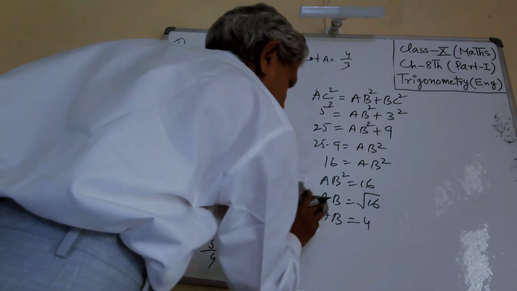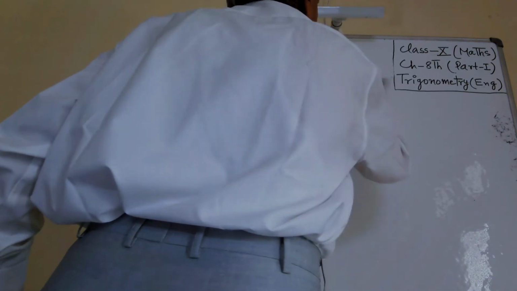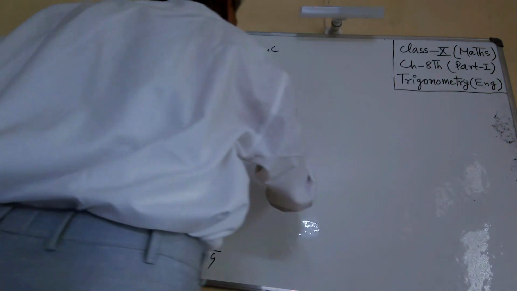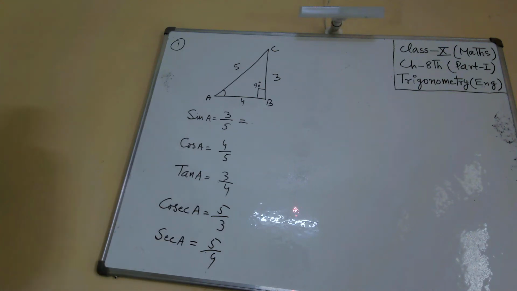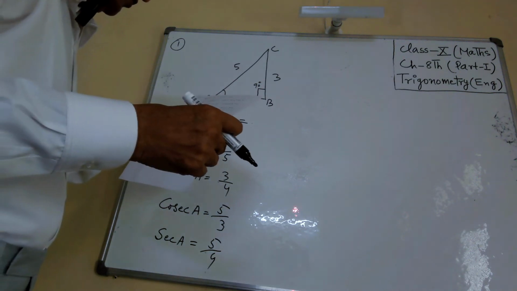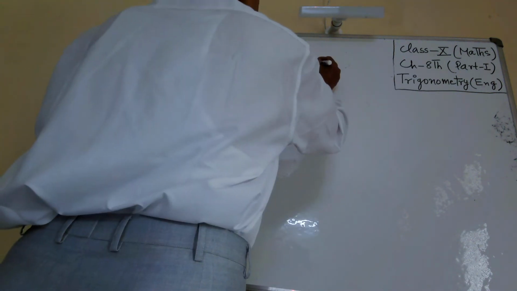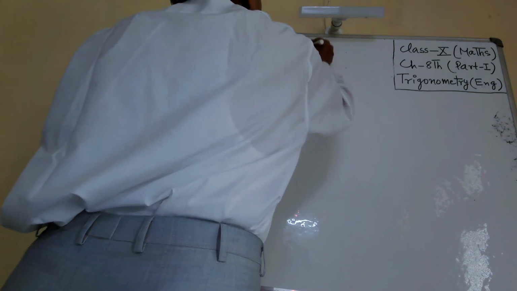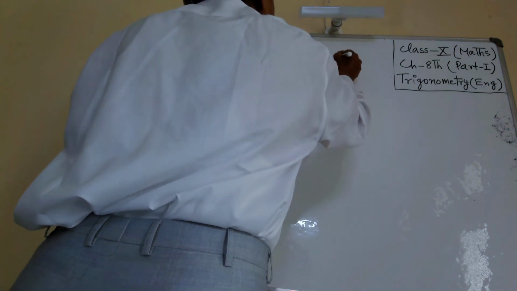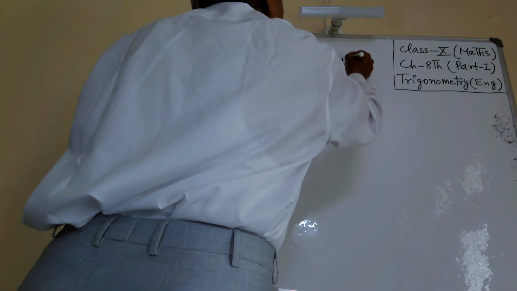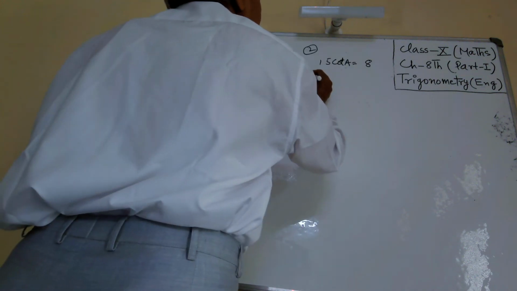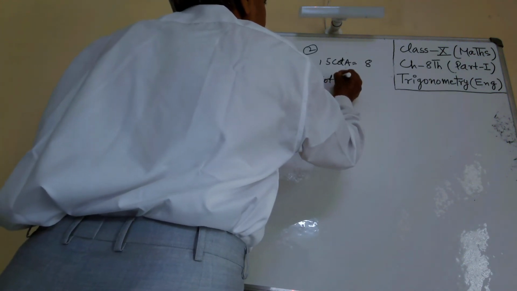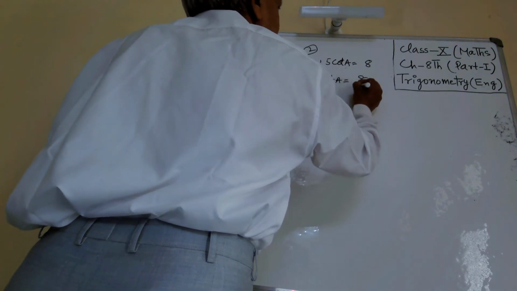Now I'm going to take one more question. Second question: given 15 cot A is equal to 8, or cot A is equal to 8 by 15.